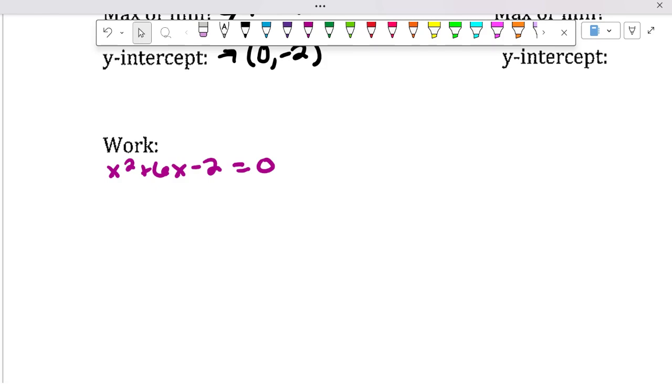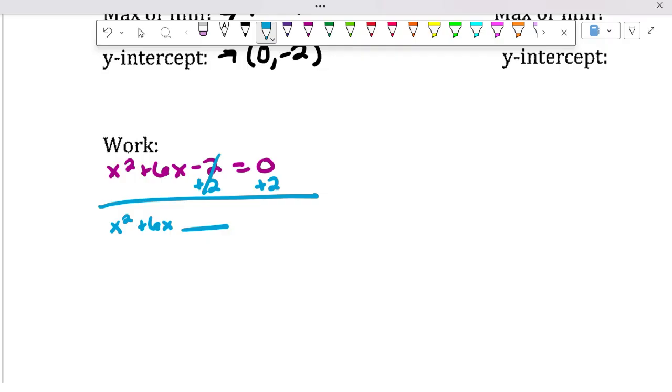Add 2 to both sides. So I've got to move that c value to the other side. So I have x squared plus 6x, leave a space so I know I've got to fill that, is equal to 2. Then what do I do?